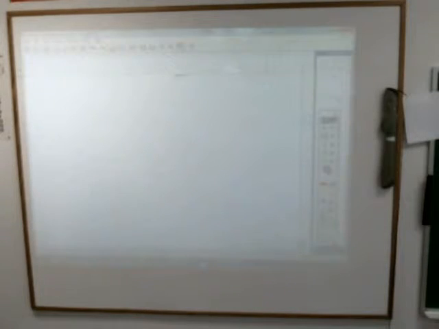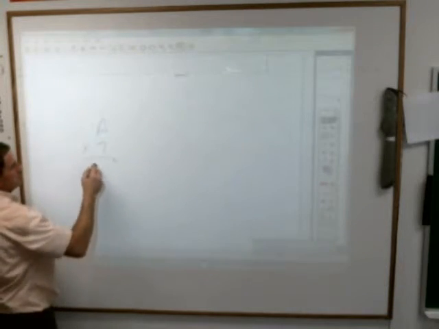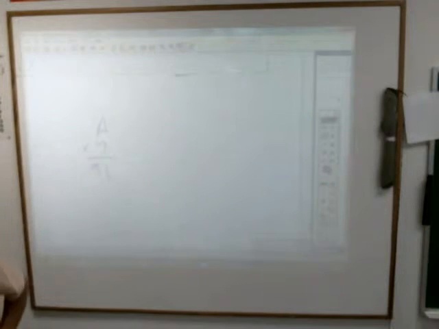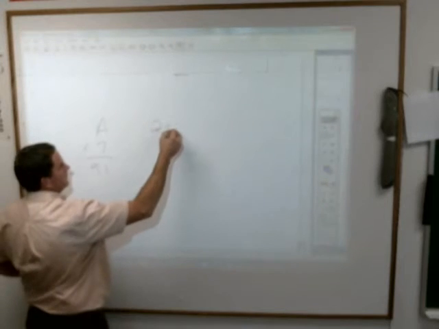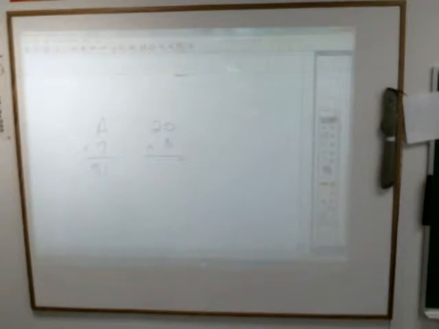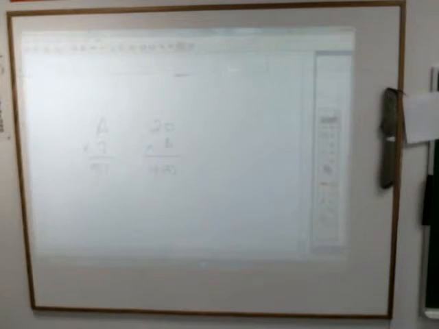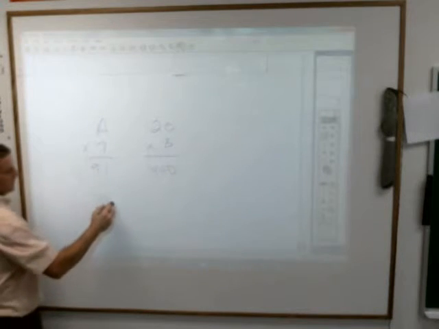How about this one? You give me the answers to this. A times 7 is 91. 20 times B is 440. N over 5 is 60.